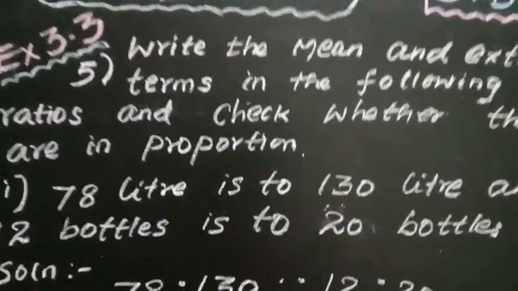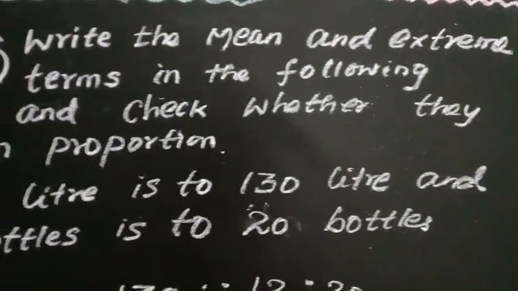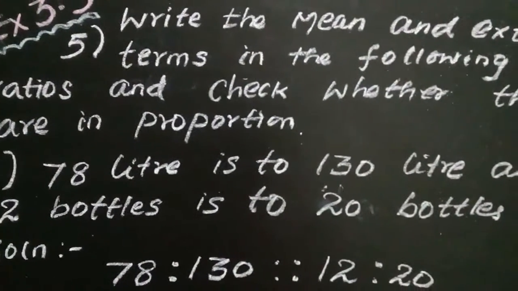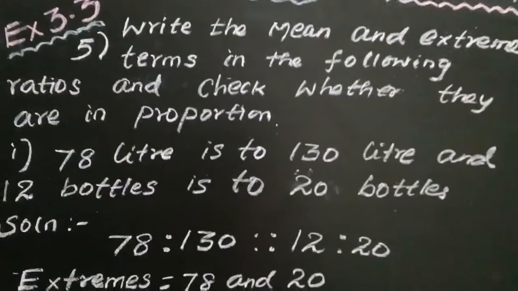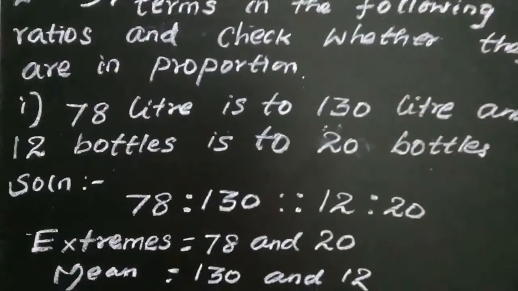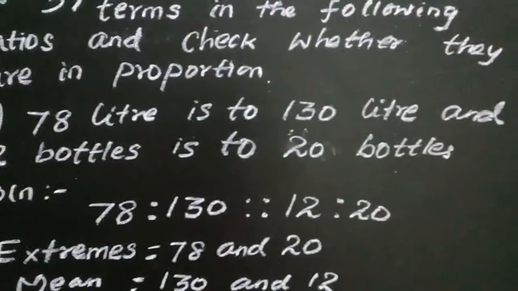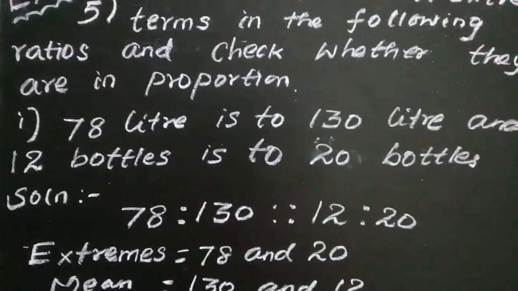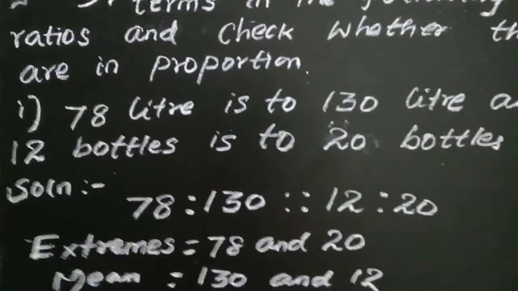Fifth question: write the mean and extreme terms in the following ratios and check whether they are in proportion. The first one: 78 liter is to 130 liter and 12 bottles is to 20 bottles.